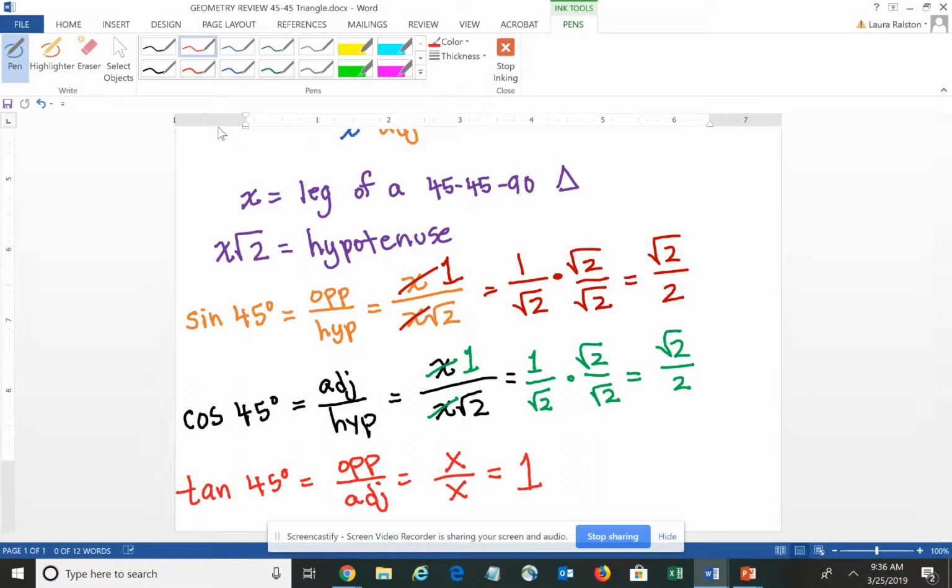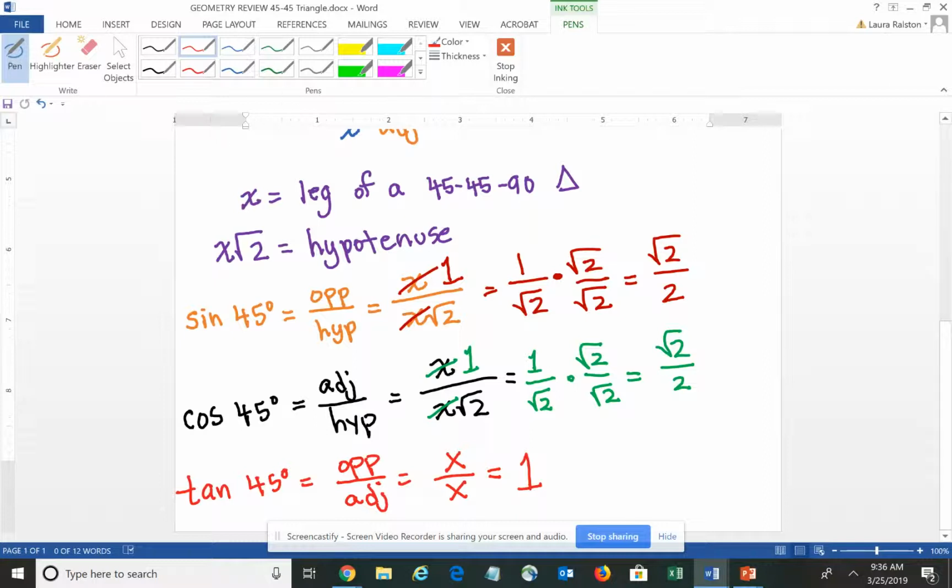Also remember that 45 degrees corresponds to pi fourths, and so these would also apply to pi fourths. The sine of pi fourths would still be square root 2 over 2. Cosine of pi fourths would be square root 2 over 2. And the tangent of pi fourths would be 1. It depends on whether you look at it from degrees or radians.